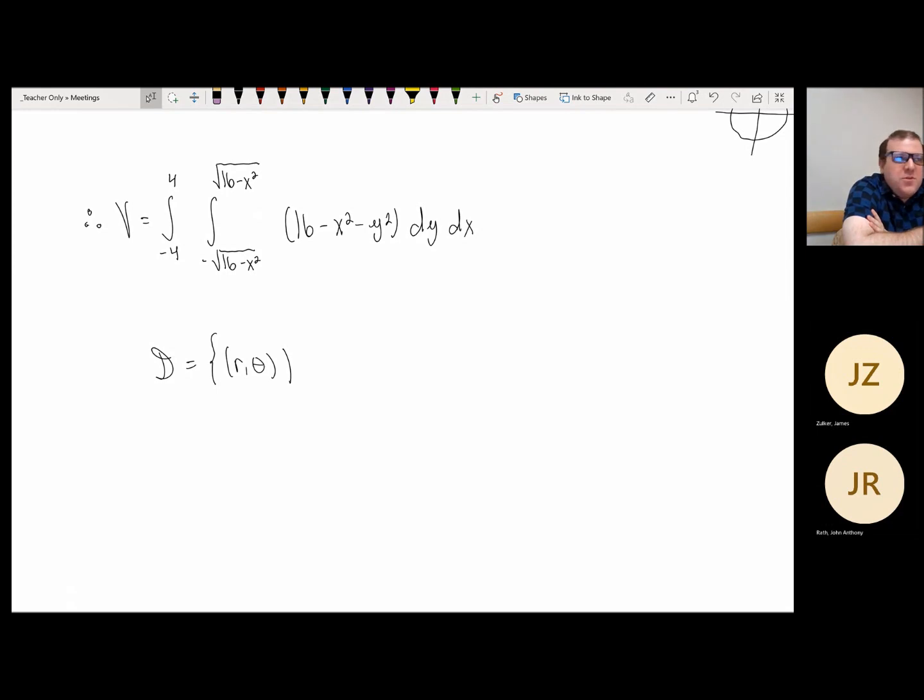Well, it's a circle of radius 4, isn't it? It's going to go less than or equal to.